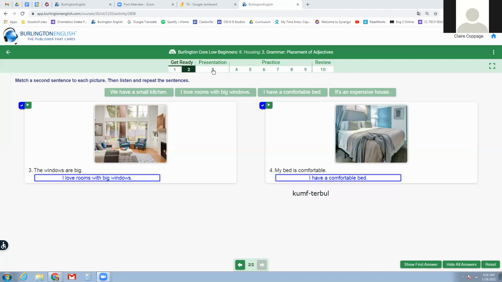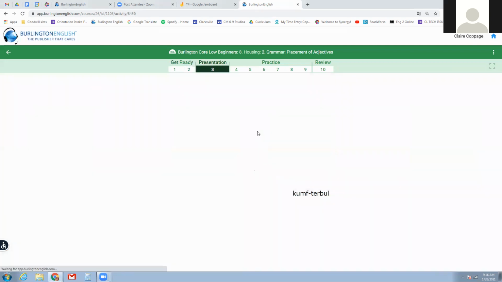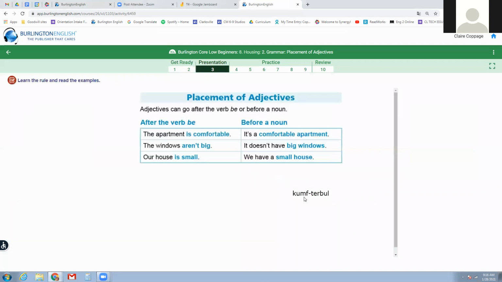Let's look at our grammar rule today and the placement of these adjectives. So when we use the verb be, which is am, is, are, the adjective will come after. For example, the apartment is comfortable. The windows aren't big. Our house is small. So notice that the adjective comes at the end of the sentence.